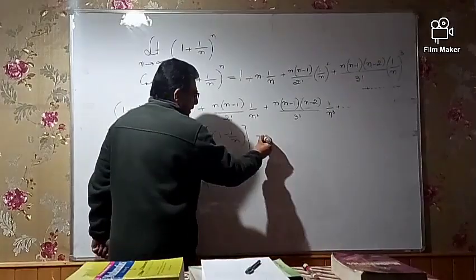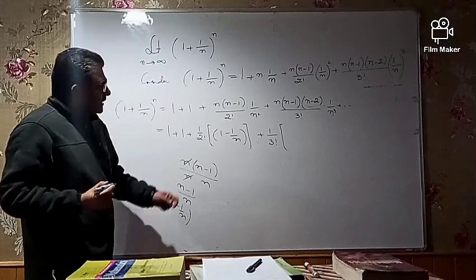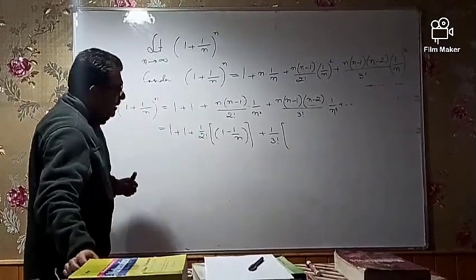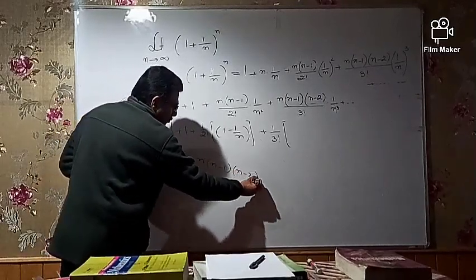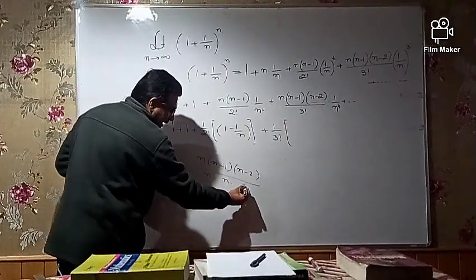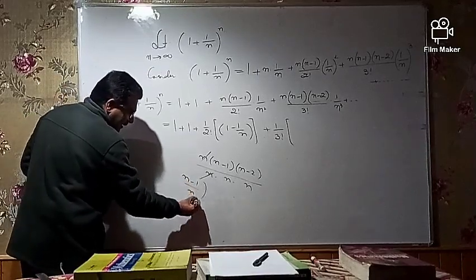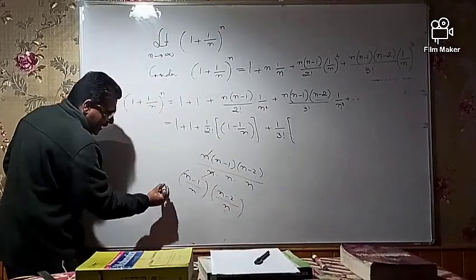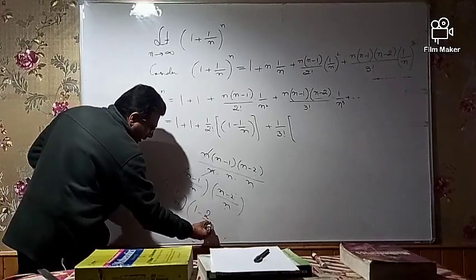Then again, this is 1 by 3 factorial. Now see, the second thing here is n into n minus 1 into n minus 2 whole divided by n cube. See, this is n cube. So I'll write n, then n, then n. This n will get cancelled. n minus 1 by n. Then it is n minus 2 by n, because n into n is again n square. This is 1 minus 1 by n into 1 minus 2 by n.